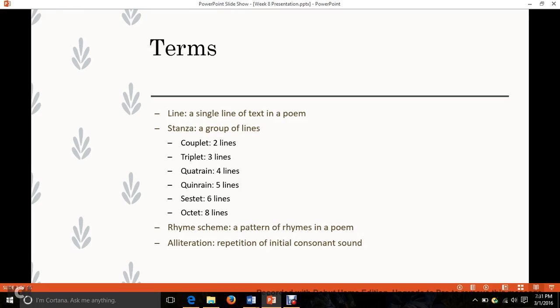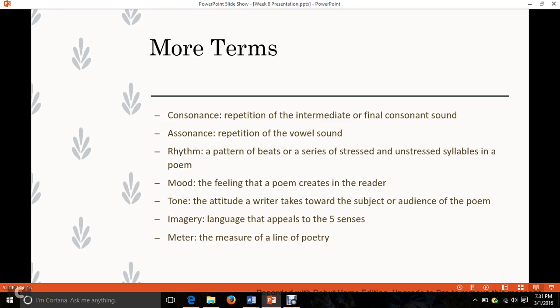So rhyming is the repetition of an end sound of a word, and this is an initial consonant sound at the beginning. A very extreme example of alliteration would be a tongue twister. Sally Snail saw the same squirrel sing seven silly songs. Okay, so every word in that sentence has an S sound. So a repetition of initial consonant sounds is called alliteration.